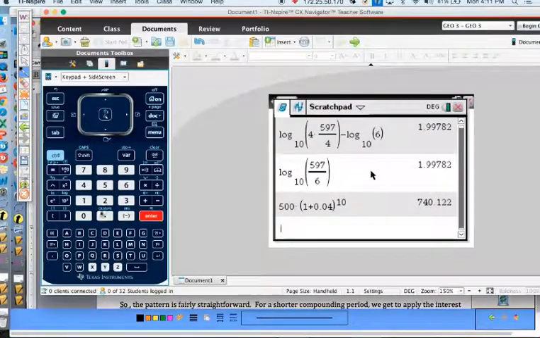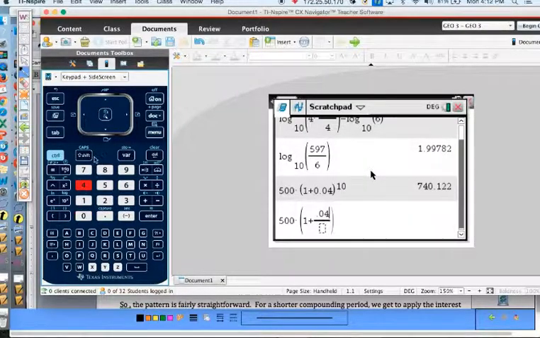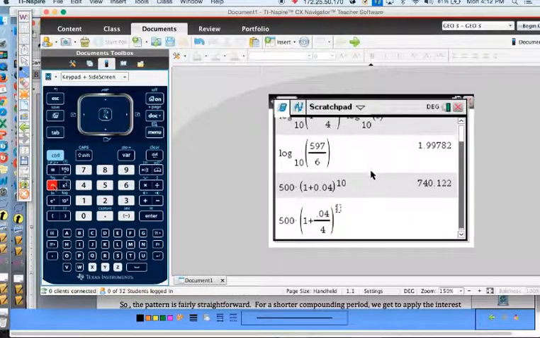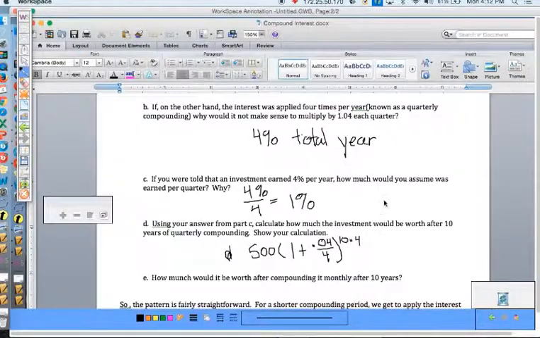So we can go back here and see how much money we have. 500 times 1 plus 0.04 divided by 4 to the power of 4 times 10. So we have $744. Well, how would this change if it's monthly?